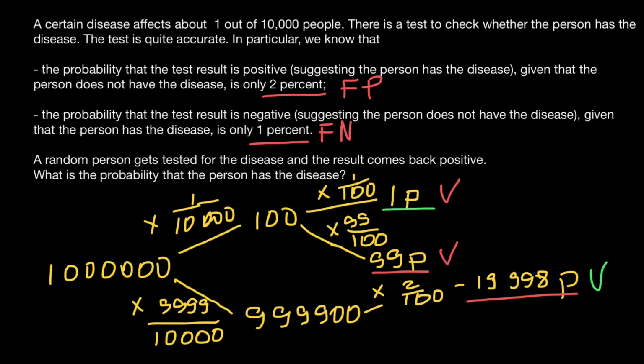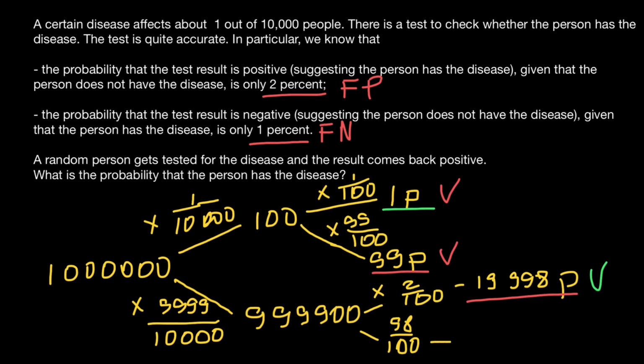And the rest from this group of people who don't have this disease, they're also going to take the test, and 98 out of 100 is going to show correct results, that these people don't have the disease.